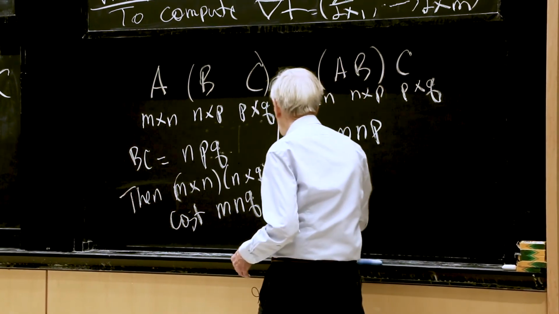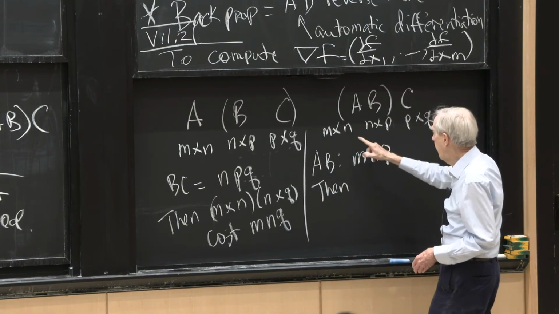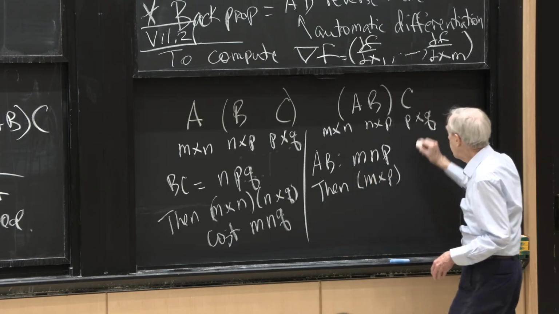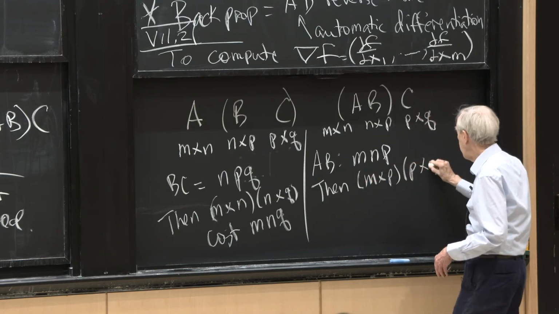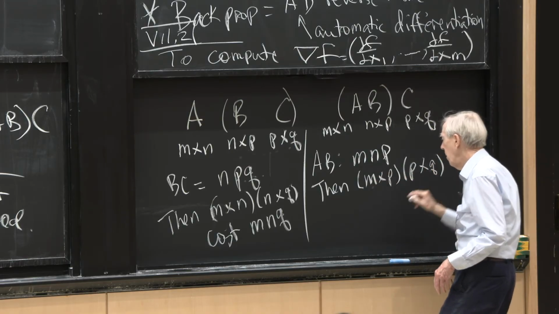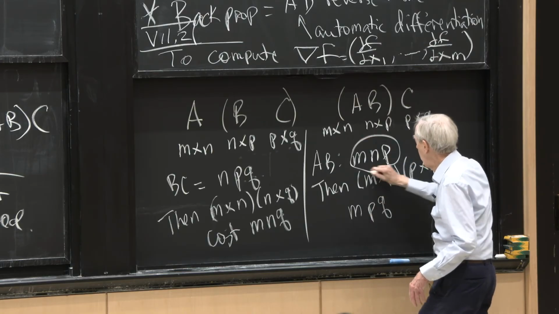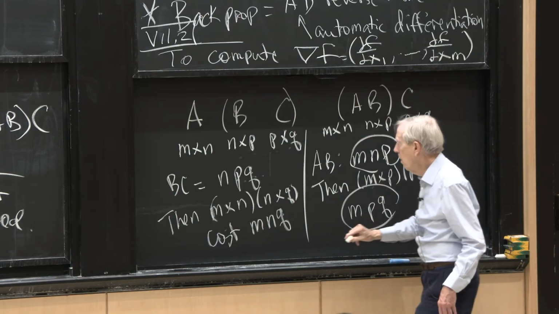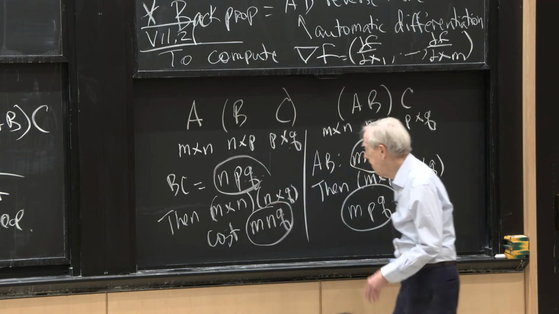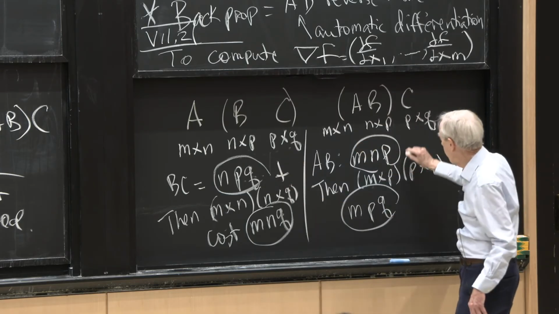And then I'm multiplying M by P, that's AB, times P by Q, that's C. So I have MPQ. So I have that together with that, or that together with that. That sum, those two or these two.